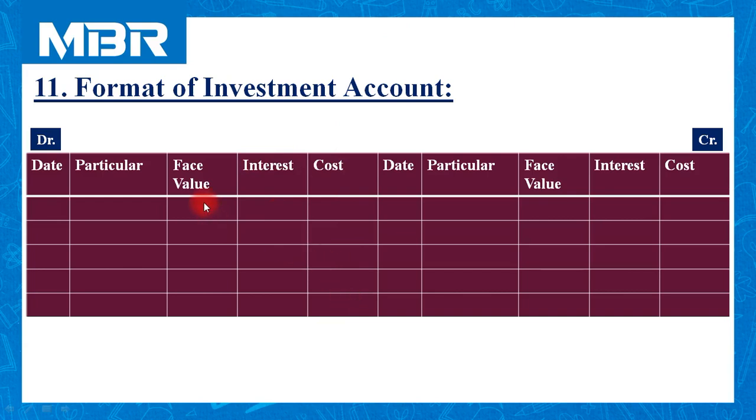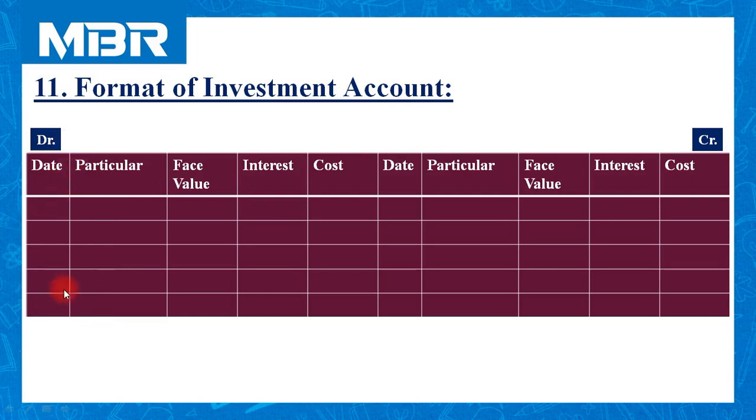So we need to include face value, interest and capital cost on debit side. Same way, date, particular, face value, interest included in the transaction and cost price or capital cost. It means you need to prepare your account with 10 columns.